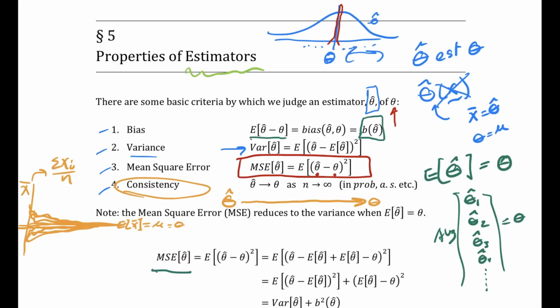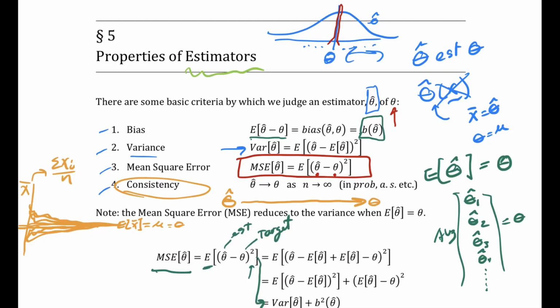So mean square error is how far the estimate is from the target on the squared error scale on average. And what I'm going to do is take this and reduce it. Forget the first two steps here and go to the last step. This turns out to be the variance plus the bias squared.